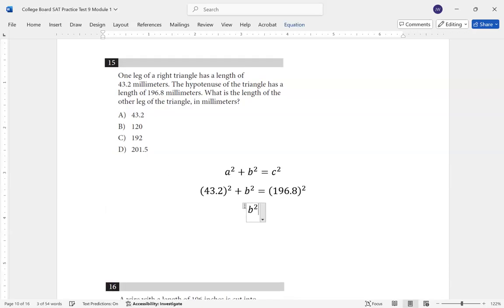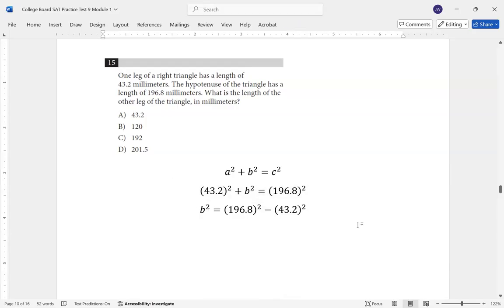So the B squared is going to be obtained by taking 196.8 squared and then subtracting 43.2 squared. That's what I get when I subtract 43.2 squared from both sides.